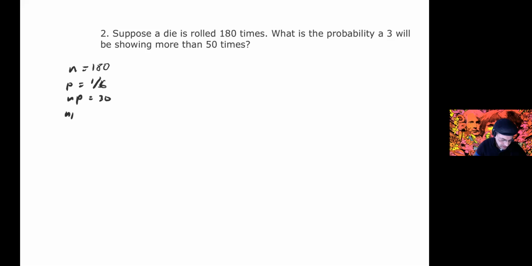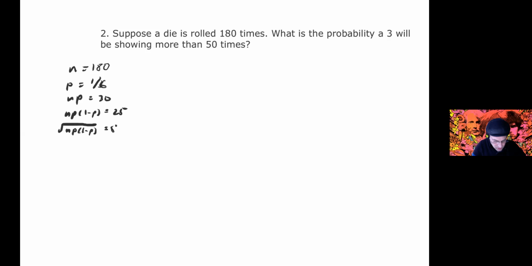And np times 1 minus p is 25, because 1 minus p is 5/6. The square root of that is the square root of 25, which is 5.